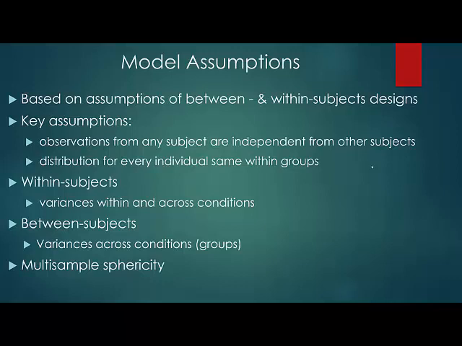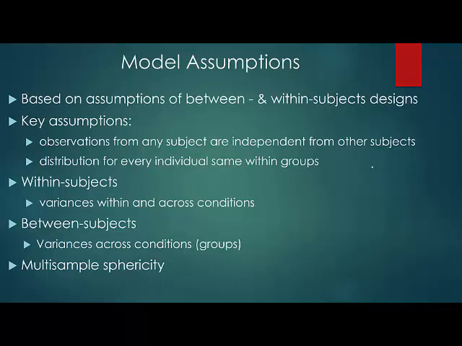So within subjects, again, we have the repeated measures, and in this case, we assume that the variances within the conditions, so the variances within each of the 4 levels of the professional development, will be the same, and then also the variances across the conditions will be the same. And so this deals with the assumption of sphericity that we must consider and empirically evaluate within subjects designs.